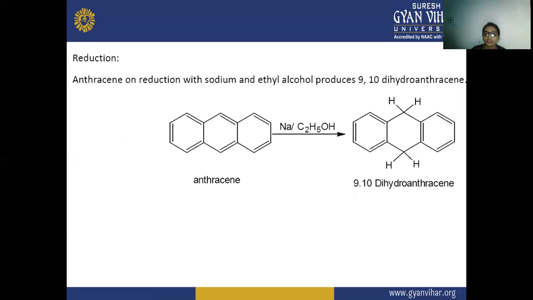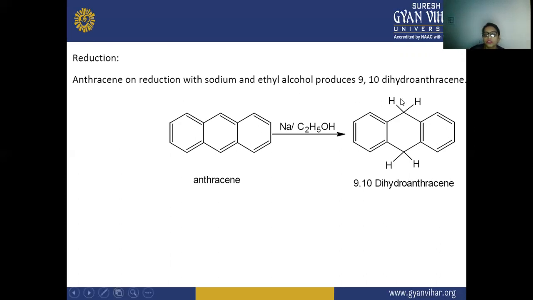Next is your reduction. So on reduction, the anthracene is undergoing reduction with the sodium and ethyl alcohol, and there is a formation of the 9,10 dihydroanthracene. So here there is an addition of the hydrogen on the 9th and the 10th position. So here the product that is formed is your dihydroanthracene.